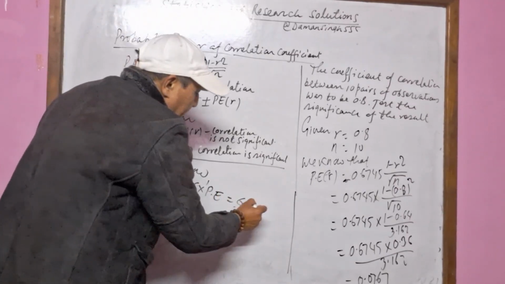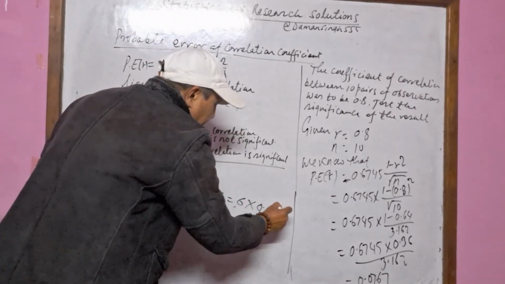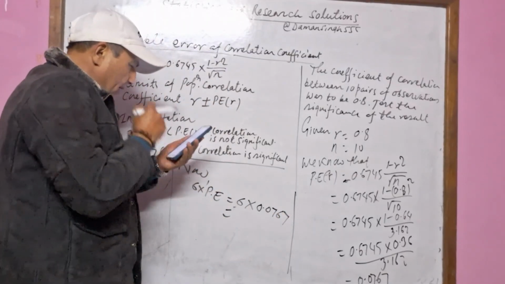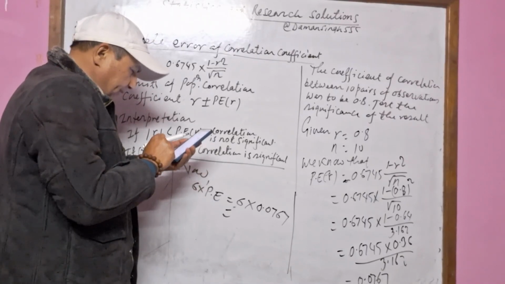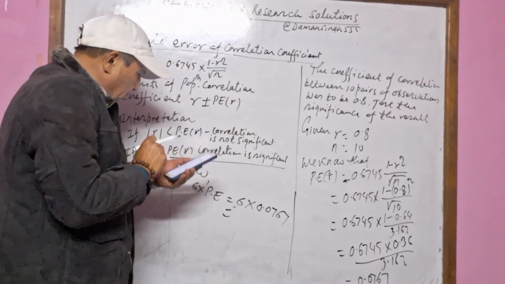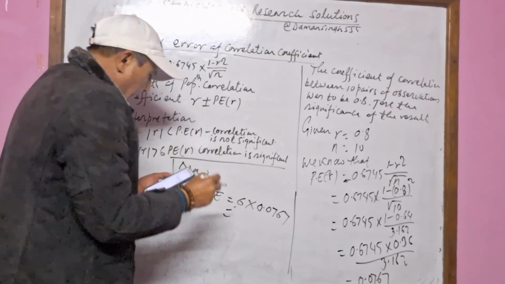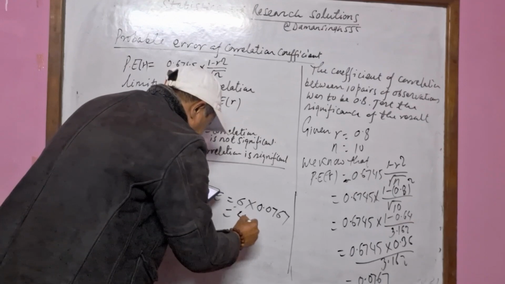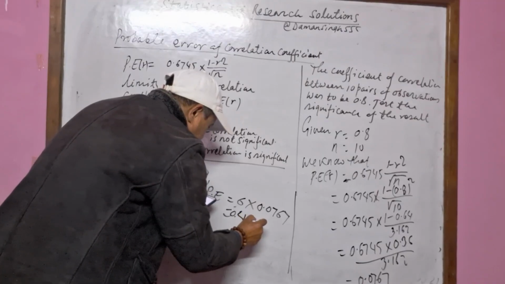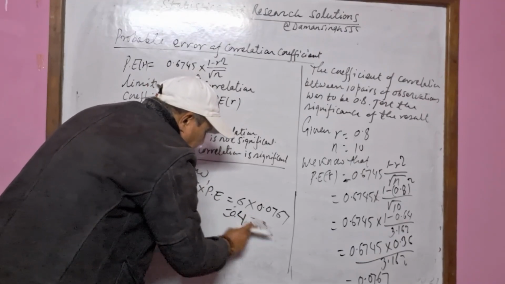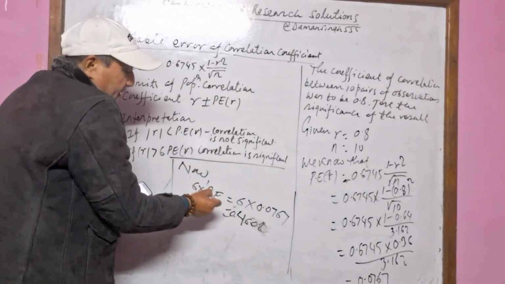So 6 into 0.0767 is 0.4602. This value is 6 times PE.